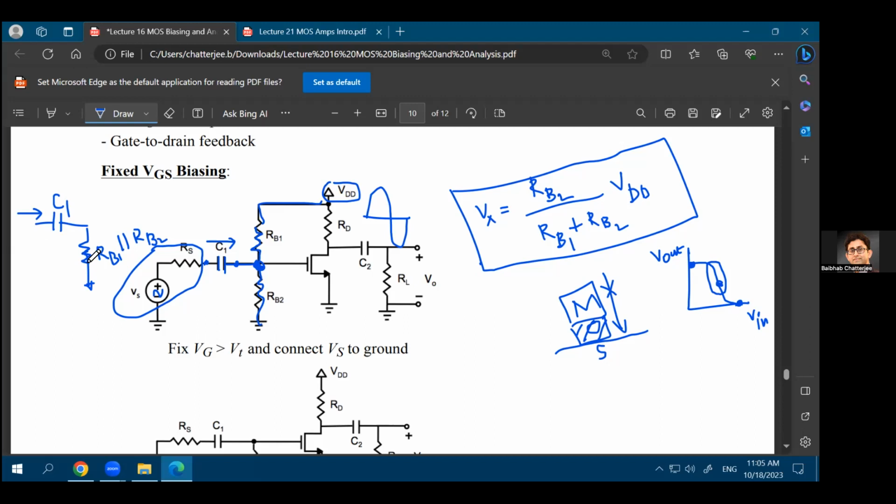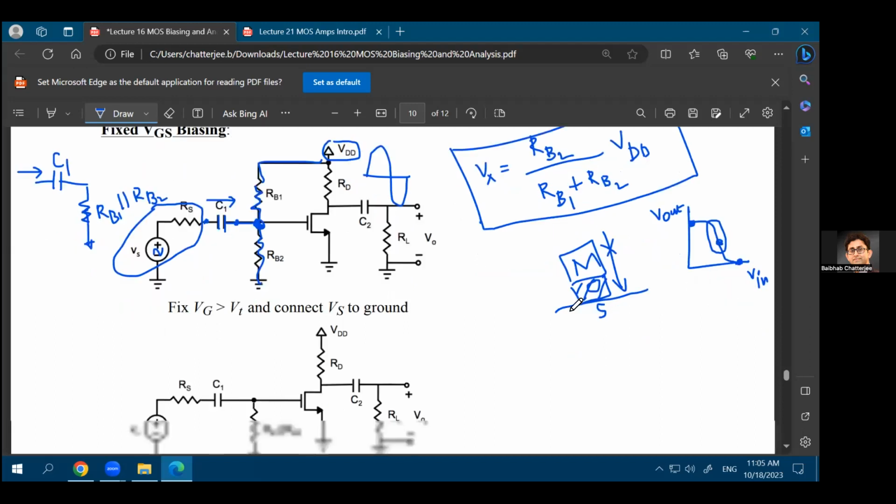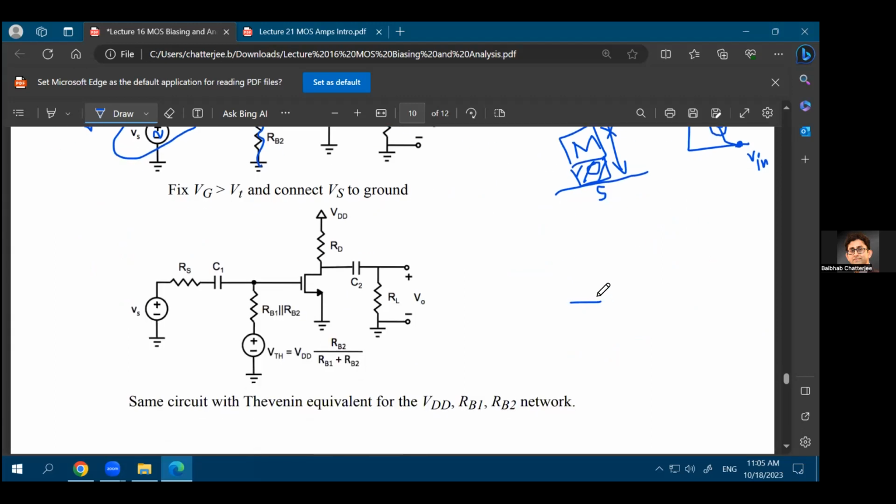You can readily prove this, and I'll just show how to prove this. I'm assuming that most of you already know how to do this calculation. So if this is a capacitance, the impedance of the capacitance is 1 upon j omega C. In the Laplace domain, you can write it as 1 upon SC because S is equal to j omega. So the impedance of the capacitance is 1 upon SC.